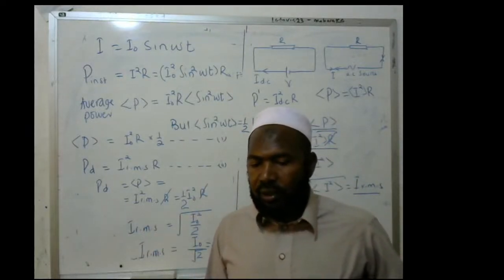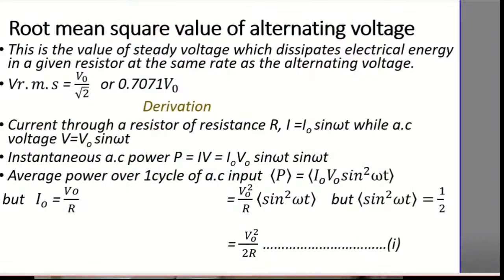How about the root mean square value of alternating voltage? The definition is going to be the same. We are only substituting where there is current, and then we put there voltage. By the fact that voltage does not dissipate heat in a resistor, we are going to substitute the word heat by electrical energy.